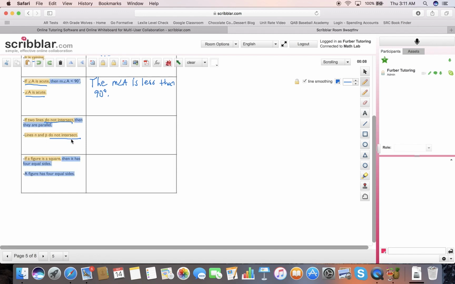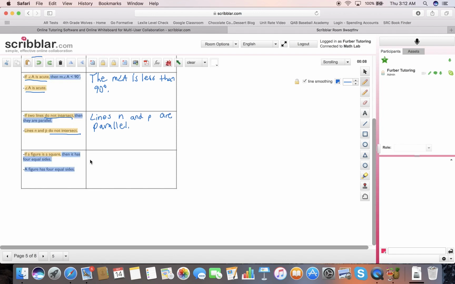Lines N and P do not intersect, therefore what do we know about lines N and P? Well, we can draw the same conclusion that the conditional has. Lines N and P are parallel. That's what the conclusion says. This matches the hypothesis, so we can draw the same conclusion.